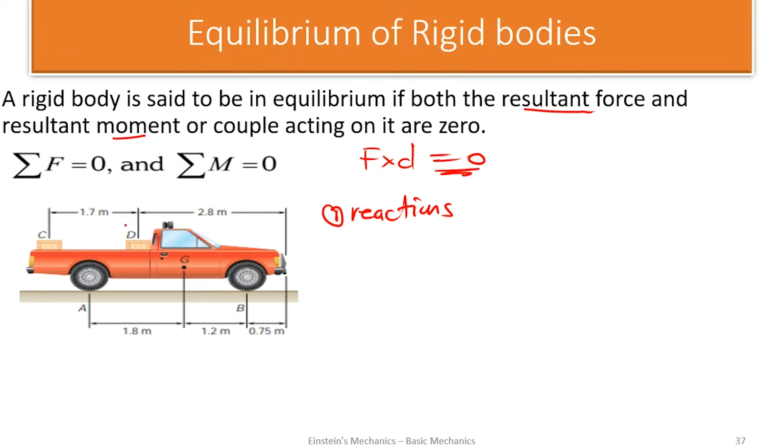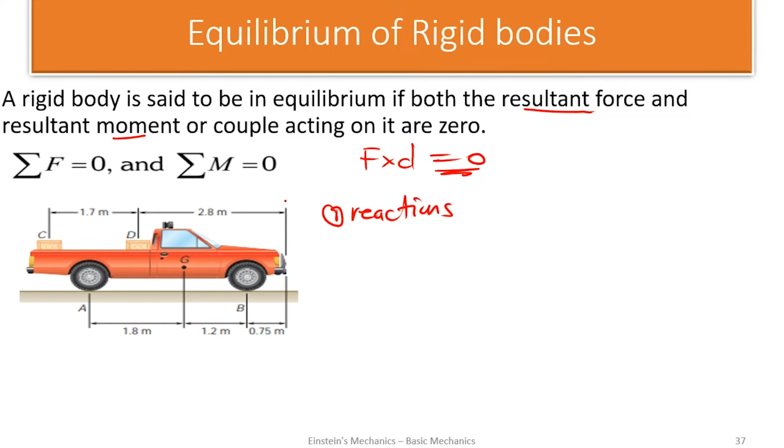For example, if I'm to find the reactions here, then it will be appropriate that I take moment, because the weight of the car is also not known. So I'll get three unknowns in this figure if I want to solve for forces acting on this car. Assuming we know the weight of the boxes here, but the weight of the car is unknown.